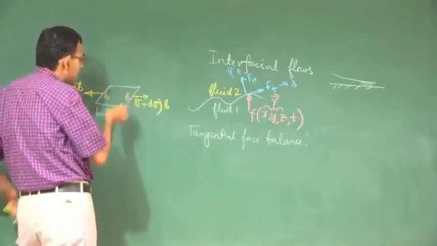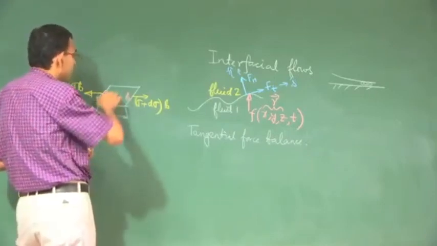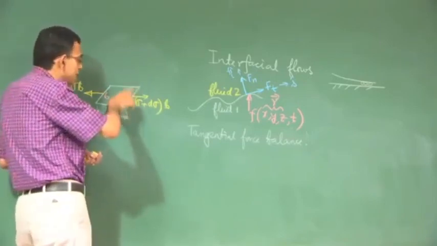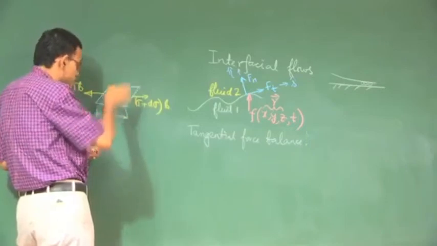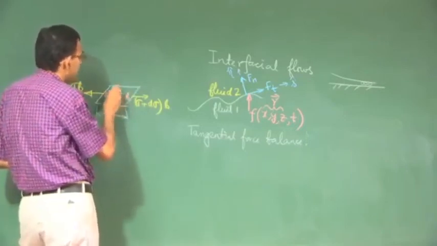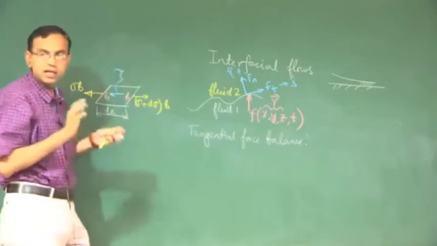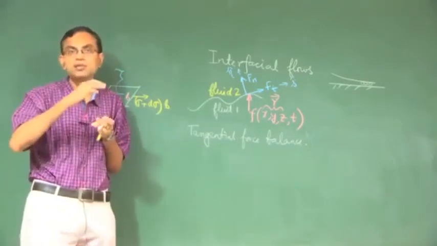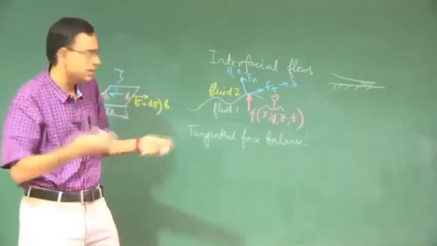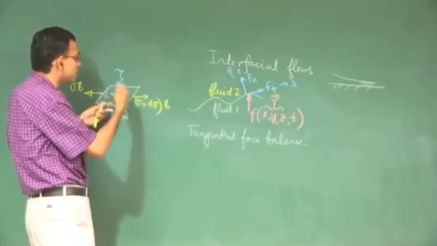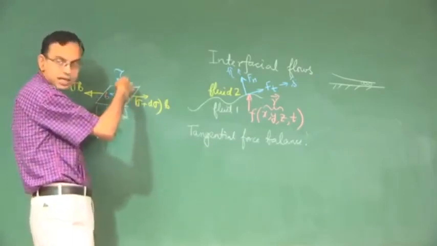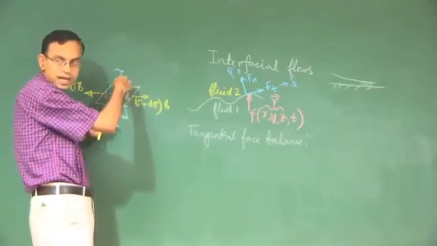There is also a shear stress. If there is an interface, there is a fluid at the top, there is a fluid at the bottom. Let us say the difference in shear stress due to the fluids at the top and the bottom is tau. Sometimes in proper technical jargon this is called a jump in shear stress, but for all practical purposes, if on one side there is liquid and another side there is air, the shear stress on the air side is negligible.